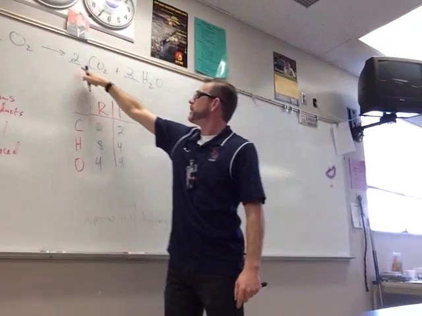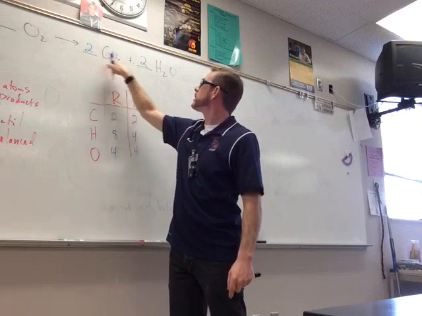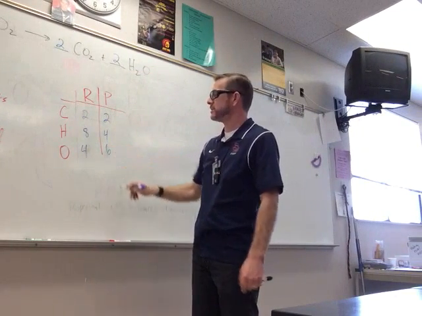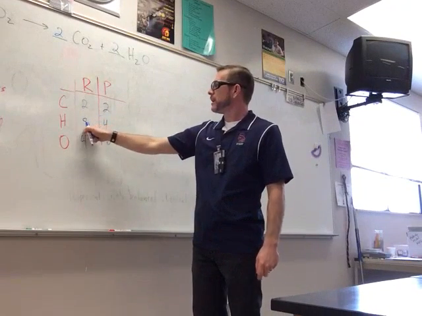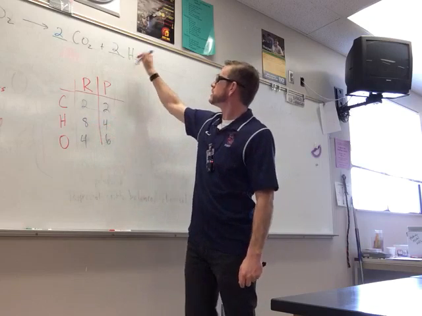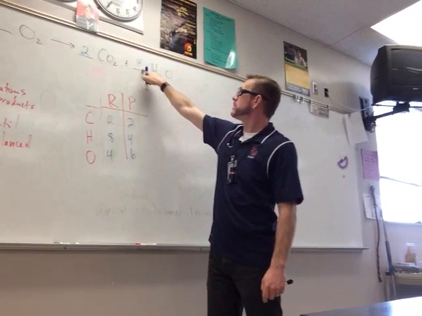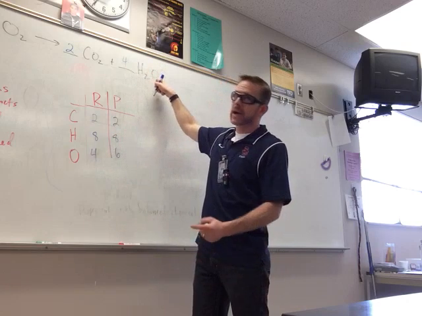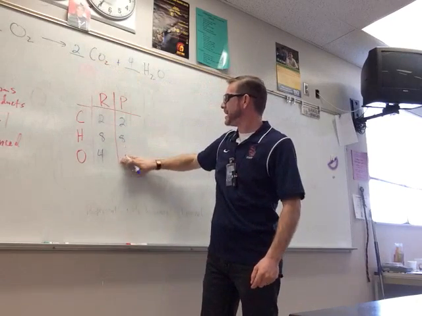But now we have 2 more. Actually, there are 4 oxygens there and 2 oxygens there gives me 6 oxygens there. Hydrogens, I need 8. So this is going to have to be 4 because each one of those has 2. So there's 8 atoms there. But now there are 4 oxygens and 4 more there, gives me 8 oxygens.